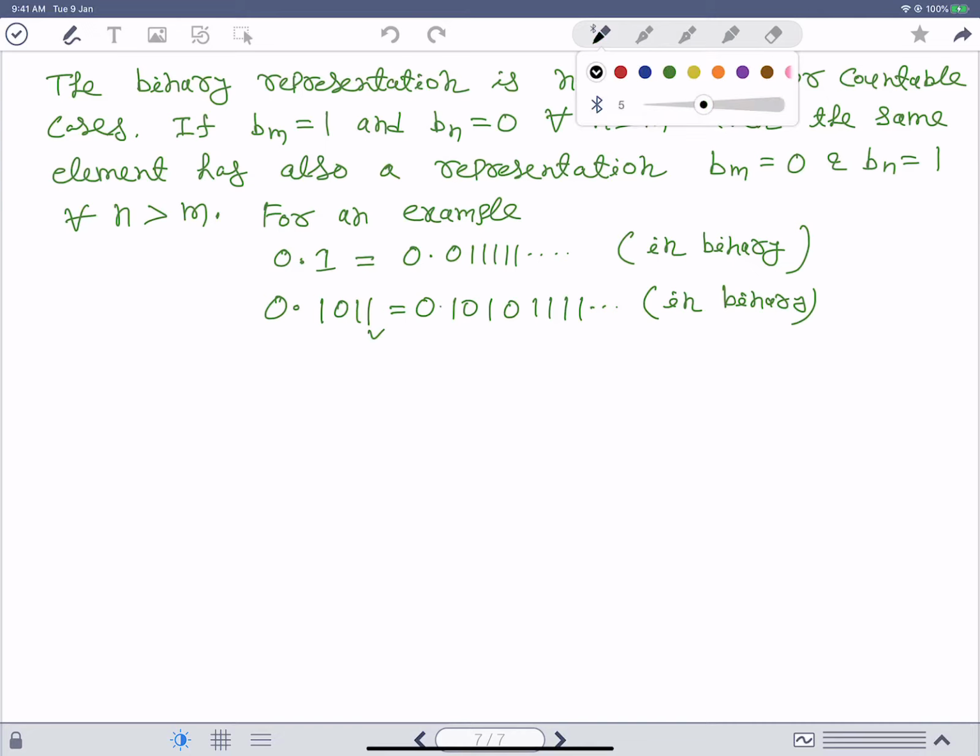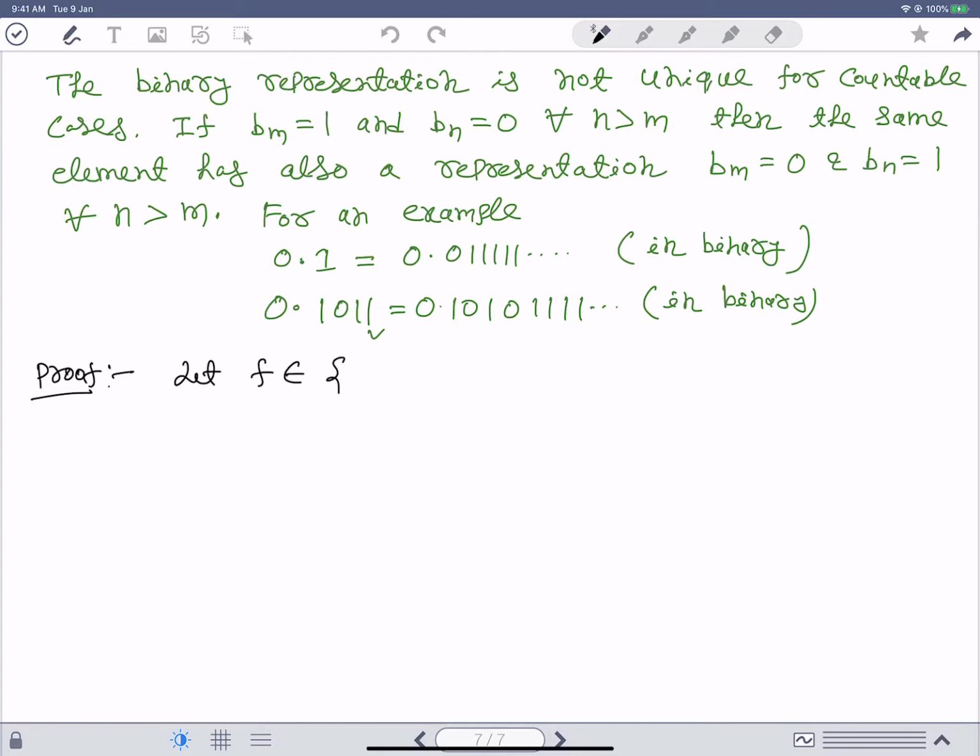Now here we have the proof of this theorem. So let f belong to this set. That means f is a function from N to {0, 1}, right?